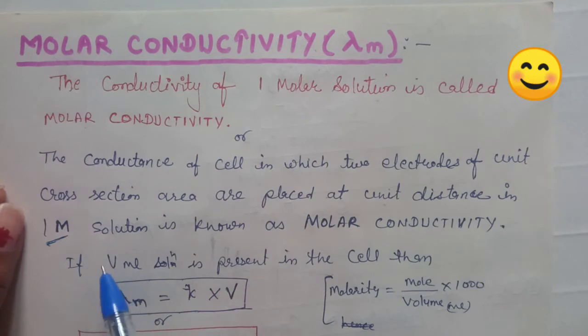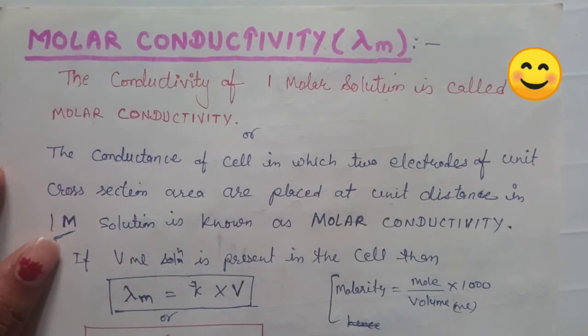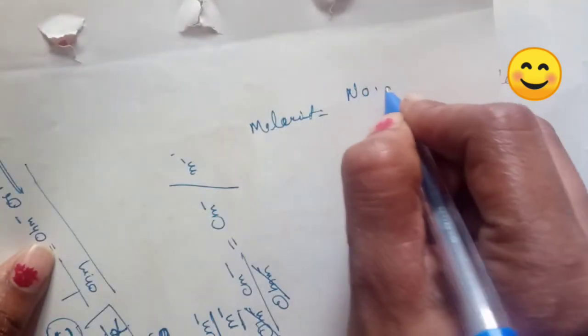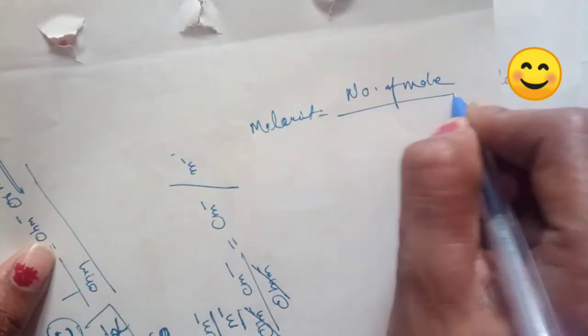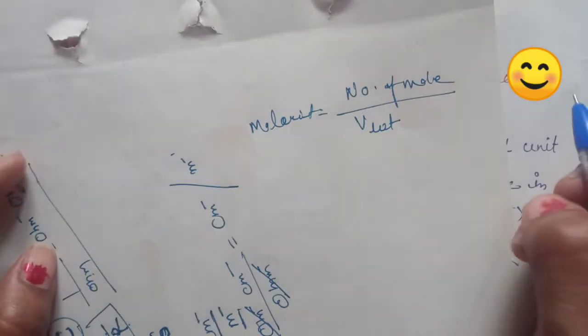If V mL of solution is present in the cell, then lambda m is equal to kappa into V. Kappa means specific conductance or conductivity, and V is the volume. Here it is in liters, but we know that molarity is equal to the number of moles present in 1 liter of solution.